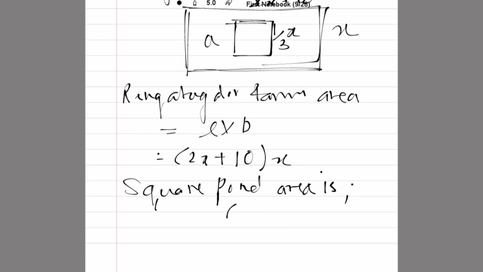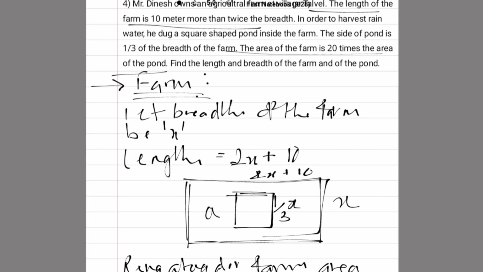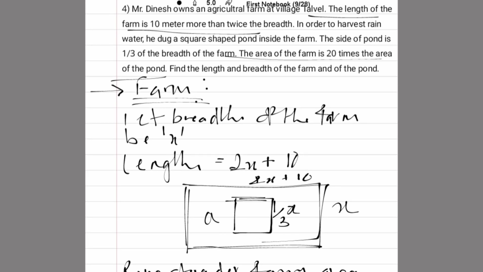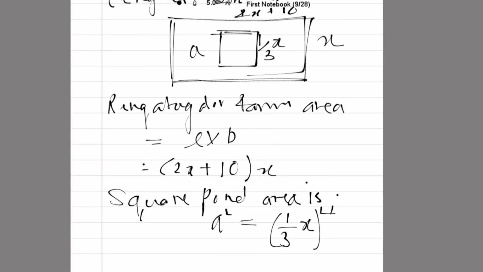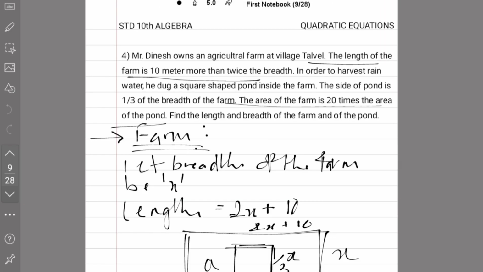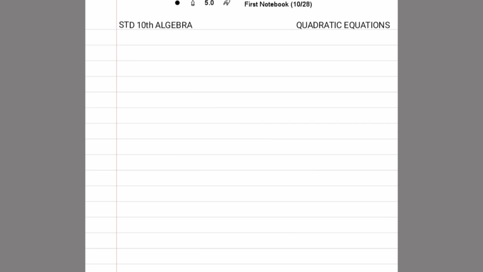So a squared is the area of the square, and we substitute the value of a, that is 1 by 3x. So it will be 1 by 3x, the whole squared, right? So this is the area of the square plot. Now the condition they have given is that the area of the farm is 20 times the area of the pond. Now we will give it a try, that is, area of the farm.